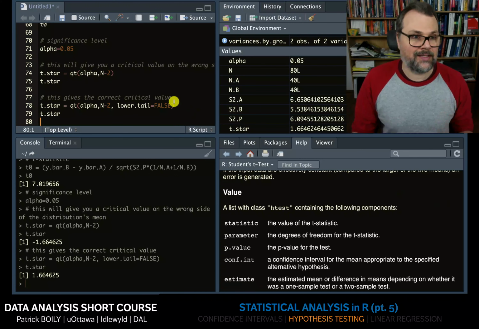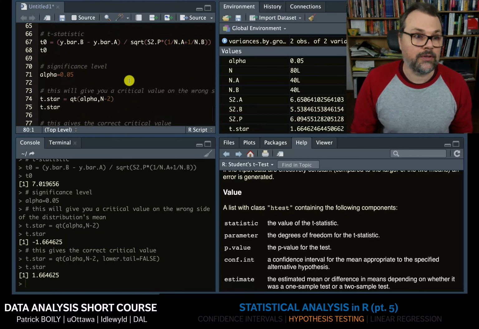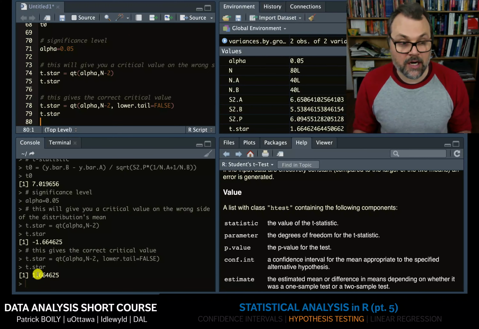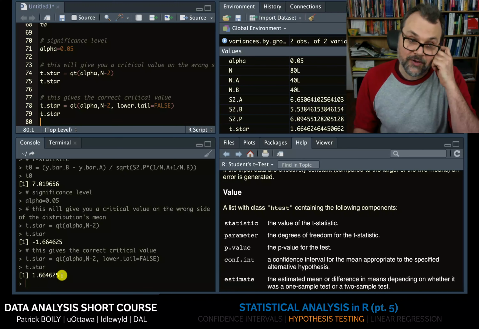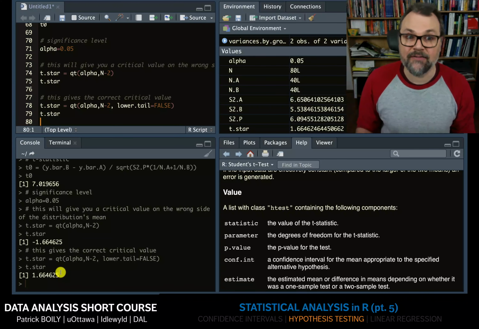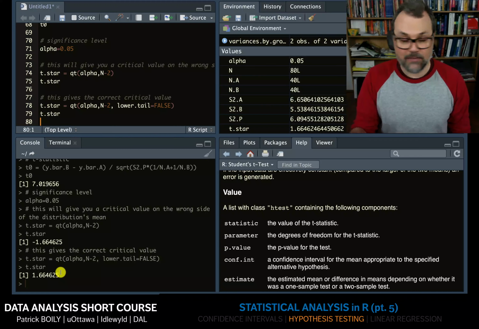Now, the test statistic that we've computed, t0, was 7.01. It is substantially larger than the critical value at 5%, 1.66. And then you would conclude that the null hypothesis should be rejected in favor of the alternative hypothesis.